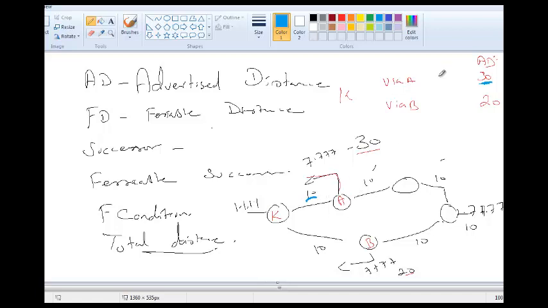That will be 40. We call this feasible distance. Now 20 plus 10 is 30. These are the two feasible distances we have. You can also call it total distance.